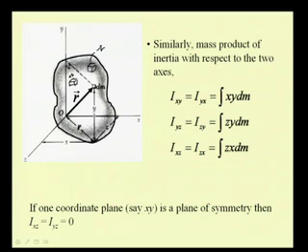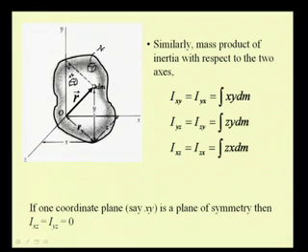So, the sum of these two will become 0, and thus these two quantities, Ixz as well as Iyz, become 0. That is, when we compute Ixz, we have one element in front of this plane xy and the other at the back, situated at equal distances z, and so their summation becomes 0.